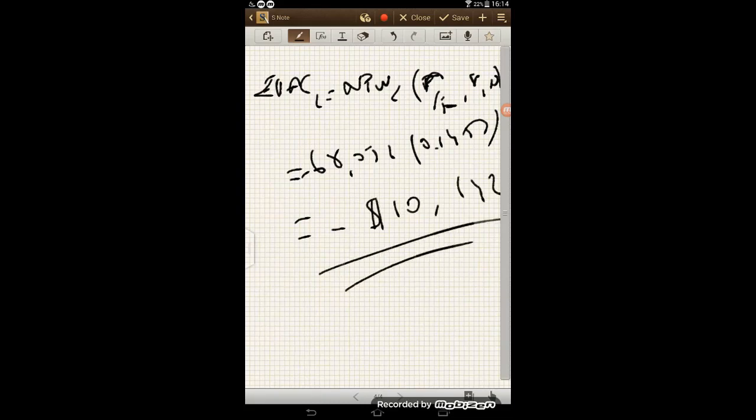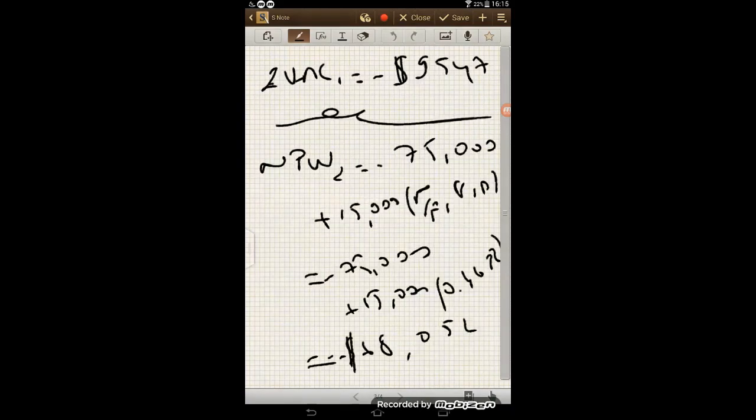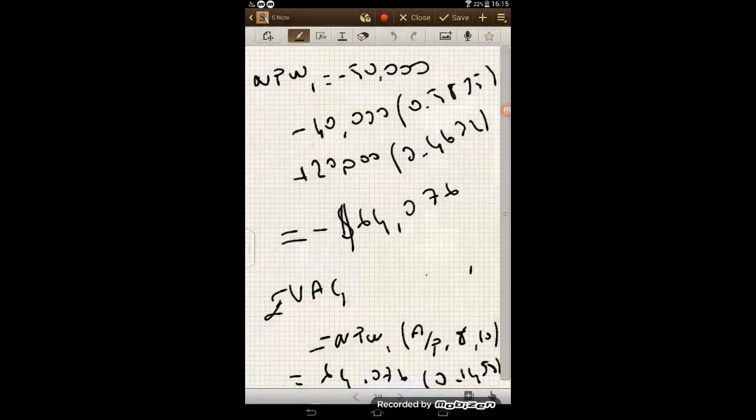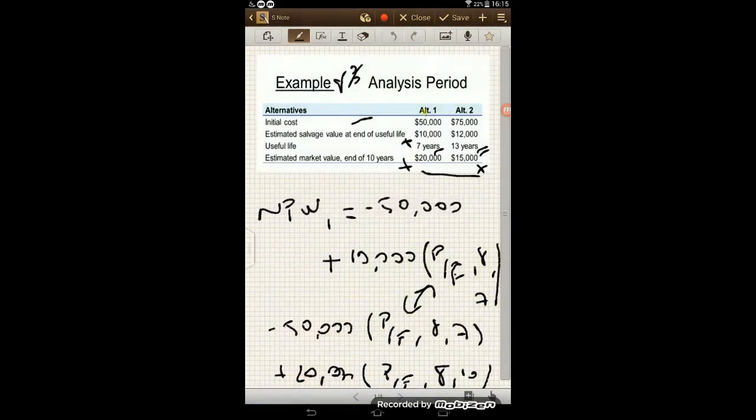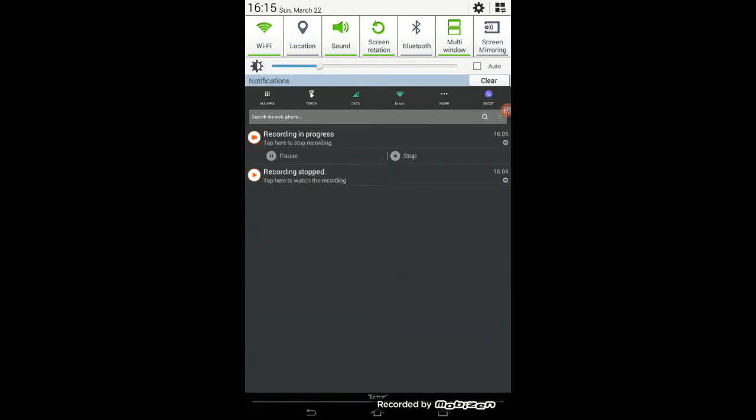When we compare both costs, 10,142 is costlier than 9,547. So we are going to choose alternative 1 because we decrease our cost, which is our benefit. This question, and this unit, is done here.